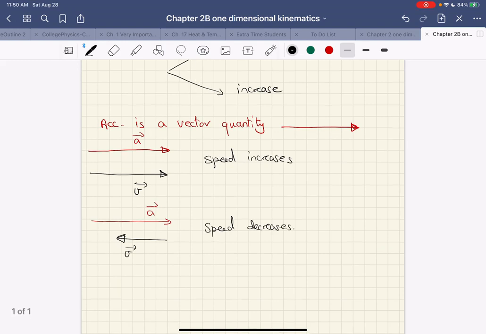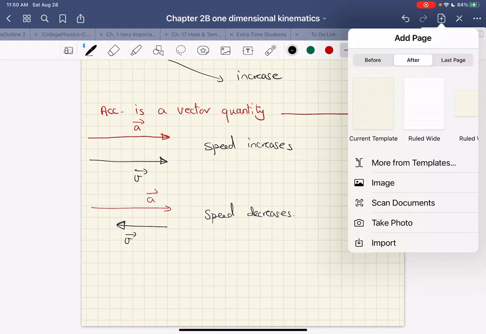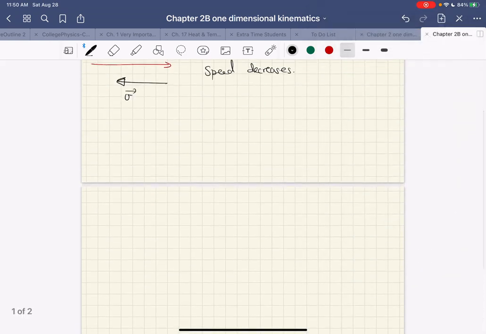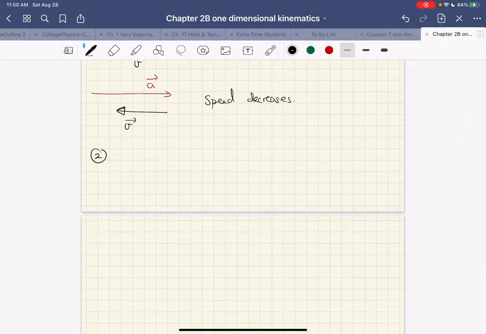Okay? Now, there is another case when I have acceleration, and that is when we're going to have change in direction. Then if you have your object moving over a circle, even if it was moving with what is called uniform circular motion like this, which means the speed is constant, there is acceleration, and that acceleration is always towards the center.